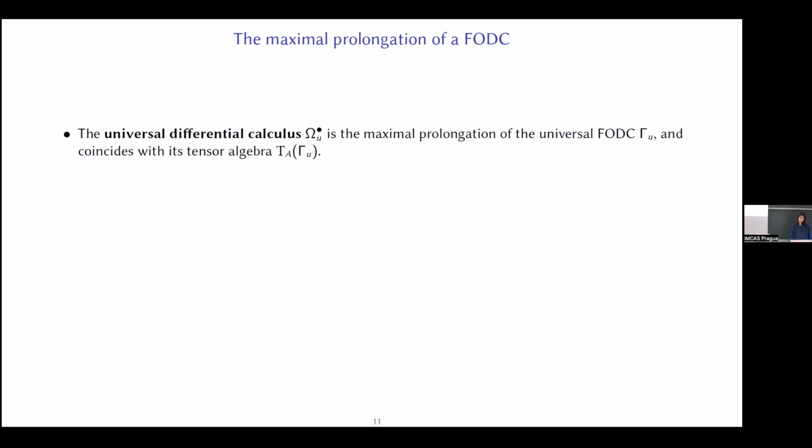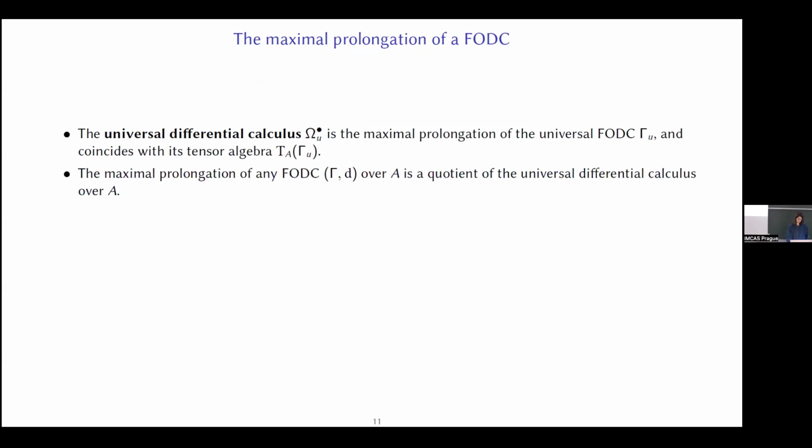You can prove that the universal differential calculus we have seen earlier is the maximal prolongation of the universal first order differential calculus, and it coincides with the tensor algebra of the first order differential calculus. So you're quotienting by nothing, because there is no N sub-bimodule corresponding to the universal first order differential calculus.